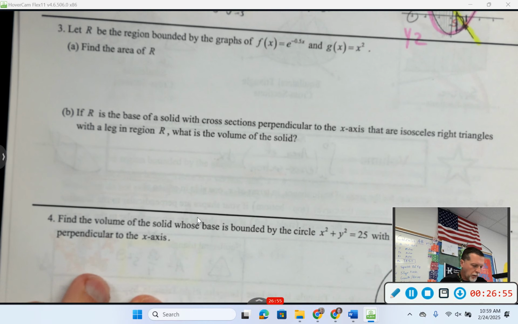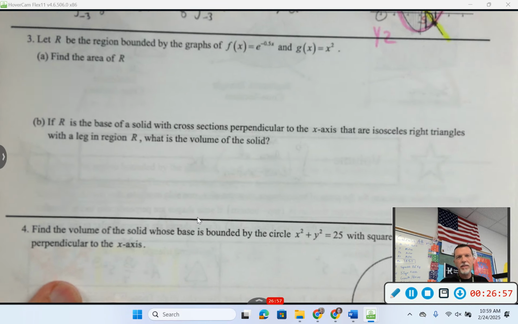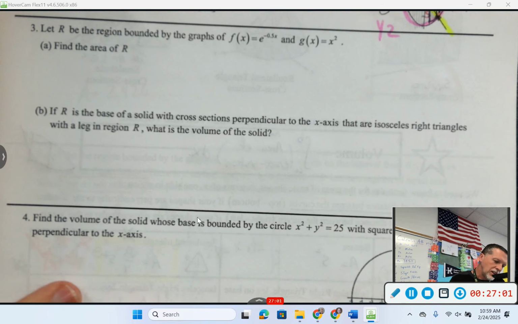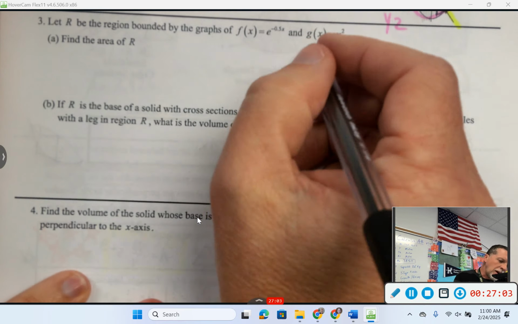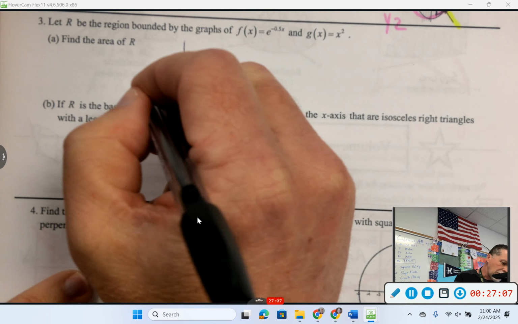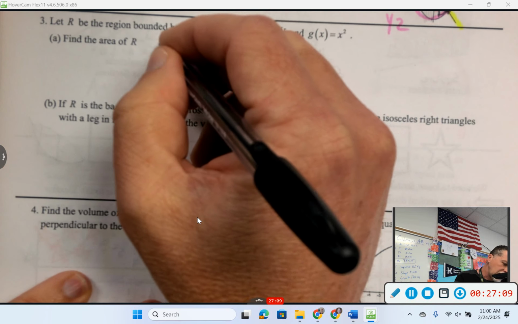Number 3. We'll set it up, maybe. It's exactly how far we got in second period, so just as well. Let R be the region bounded by those two graphs. All right, well, I know what x squared looks like.